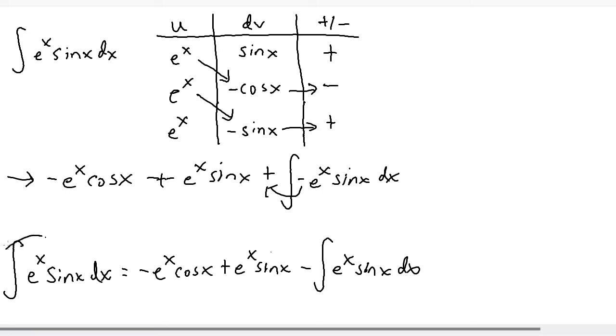Now since the integral of e to the x sine x and the integral of e to the x sine of x are exact like terms, we can actually add this to the other side.